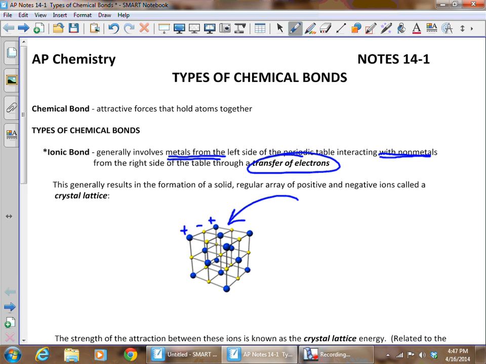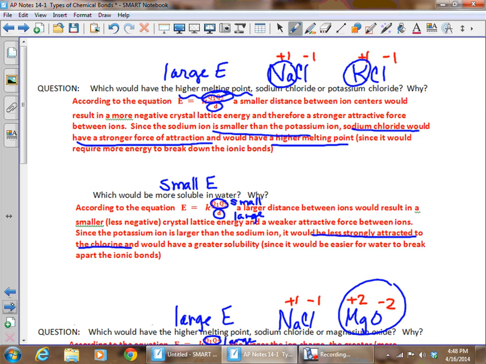Now let's say we hammer this and we get those layers off just a little bit so that instead of being positive, negative, positive, negative, all of a sudden we've got positives lining up with positives and negatives lining up with negatives. And that's going to create a repulsive situation, and those are going to break apart. You do that on enough layers and it's going to completely shatter that crystal lattice structure. So that's why they tend to be brittle.